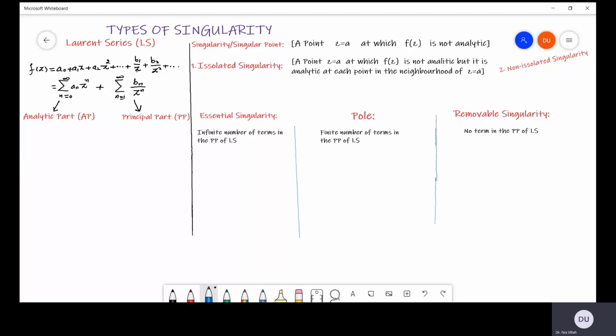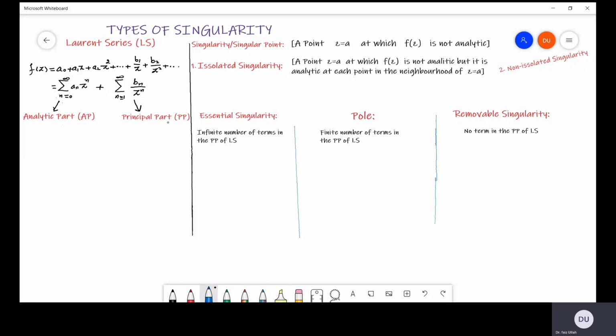In the second part, all z, z square, z cube, and so on, are in the denominator. That is why this is called the principal part. In other words, that part of the Laurent series in which all z's are in the denominator is called the principal part, and that principal part plays a key role in obtaining the types of singularities.